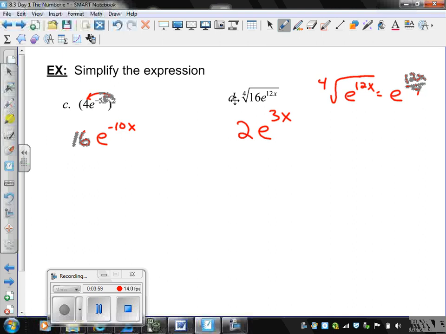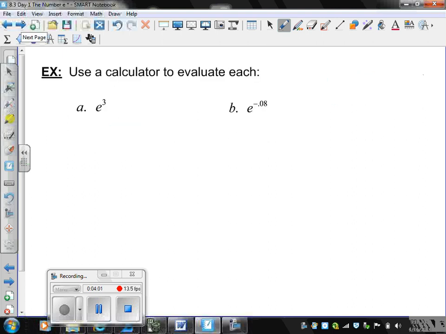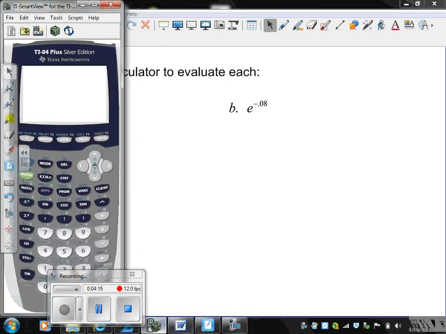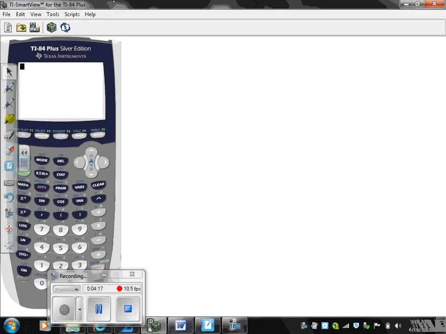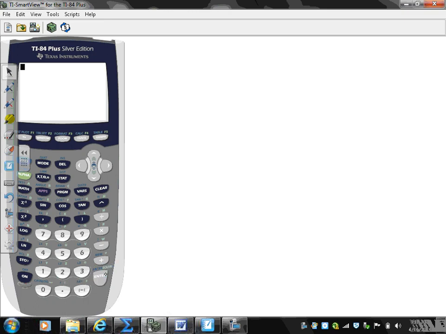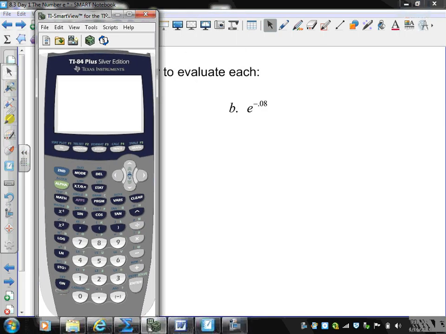Okay. So we're going to play with the calculator a second now. If you don't have a calculator, go pause it and bring this back, because you need to find the button for e on your calculator. So where is it? Here's my calculator. The number e, there's actually two spots for it.